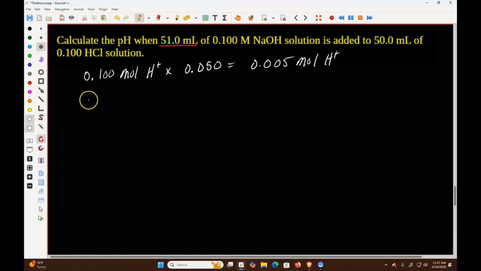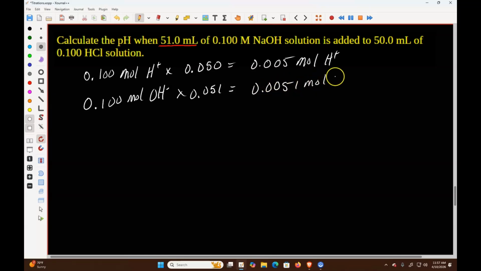For the base, 0.100 moles, multiplied times 51 milliliters, gives us 0.0051 moles of OH negative.